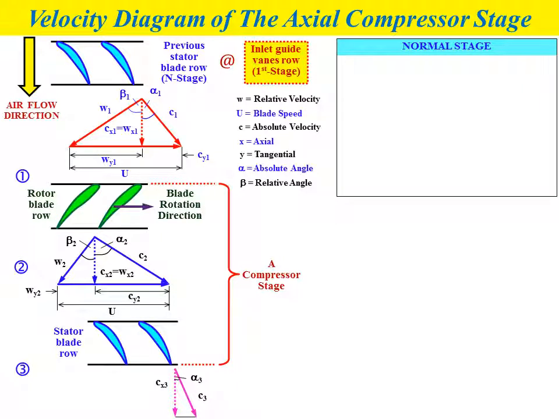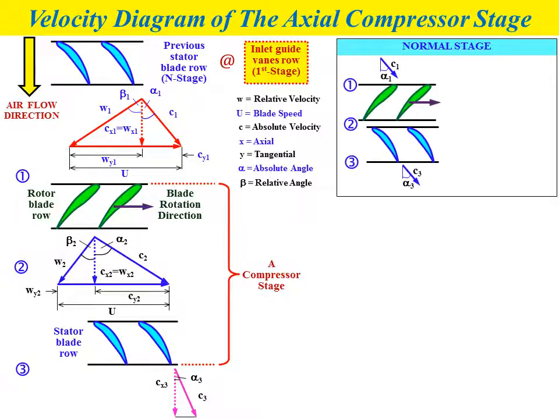In order to simplify the analysis of the velocity diagram, we can consider a normal stage condition, where we assume that absolute velocities and flow directions at the stage outlet are the same as at the stage inlet. In terms of magnitude and direction, the absolute velocity C3 at the outlet of the stator is equal to the absolute velocity C1 at the inlet of the rotor.